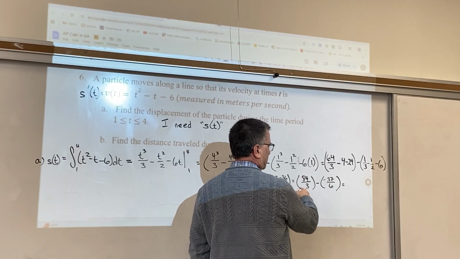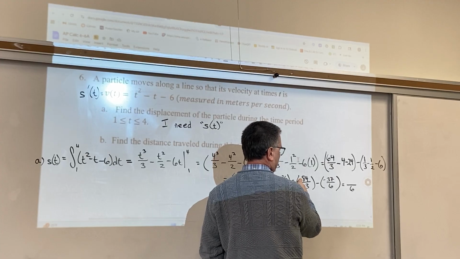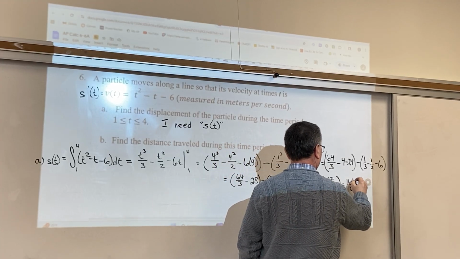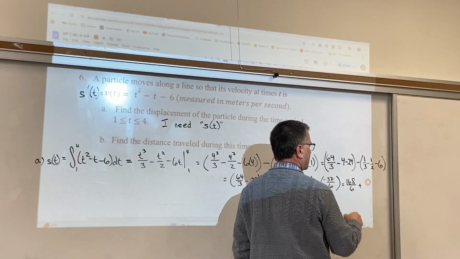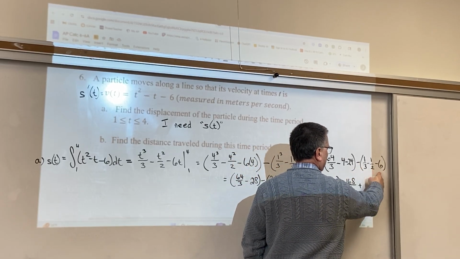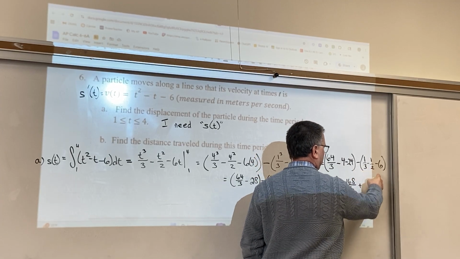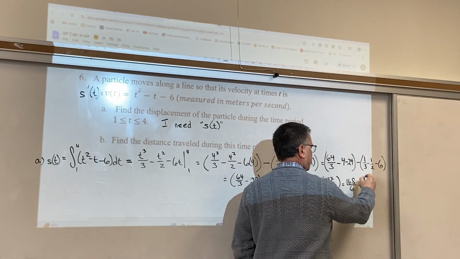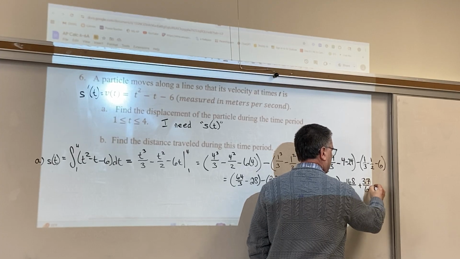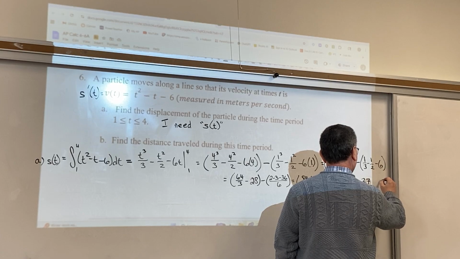So why don't I just make that one 6? Double that, 168. This is a great example of if you don't put the parentheses around the whole thing, you're going to subtract that and then forget to do it here. Plus 37 over 6 equals 205 over 6.